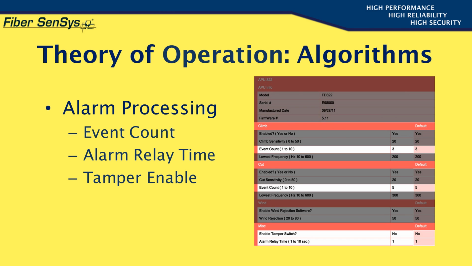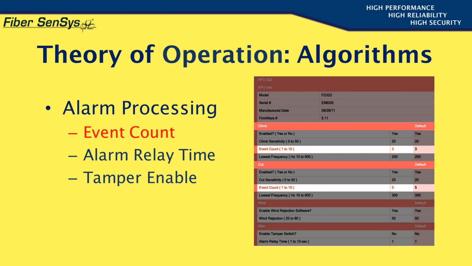There are 3 user adjustments related to alarm processing: event count, alarm relay time, and tamper enable. However, only one of them, event count, is actively involved with the actual determination of whether or not an intrusion has occurred. Note that both climb and cut processors have independently adjustable event counts.